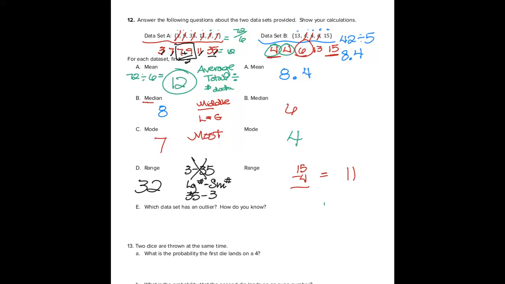Last question, letter E. Which data set has an outlier? Anybody know? Outlier kind of lies outside all the other numbers. It is either much higher or much smaller than the other numbers in the data set.